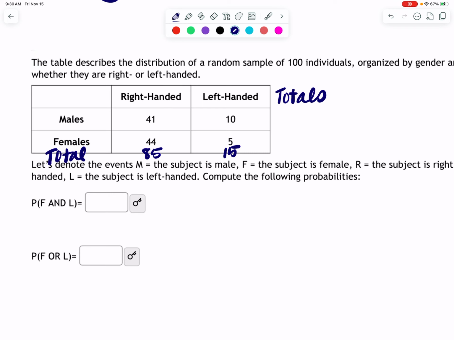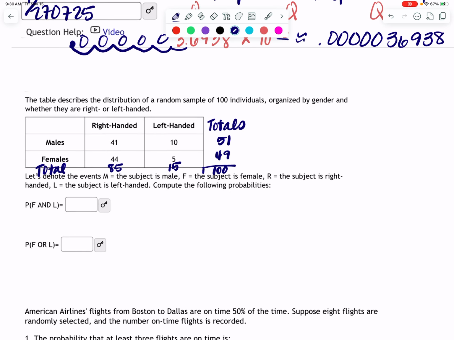If I add the males, I get 51. If I add the females, I get 49. Both directions, I get a sum of 100. That confirms what they told us. We have a total sample of 100 individuals.